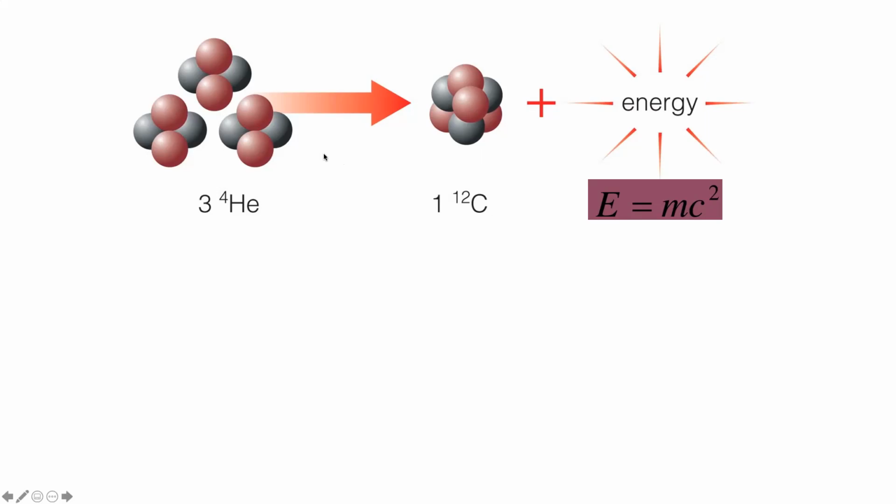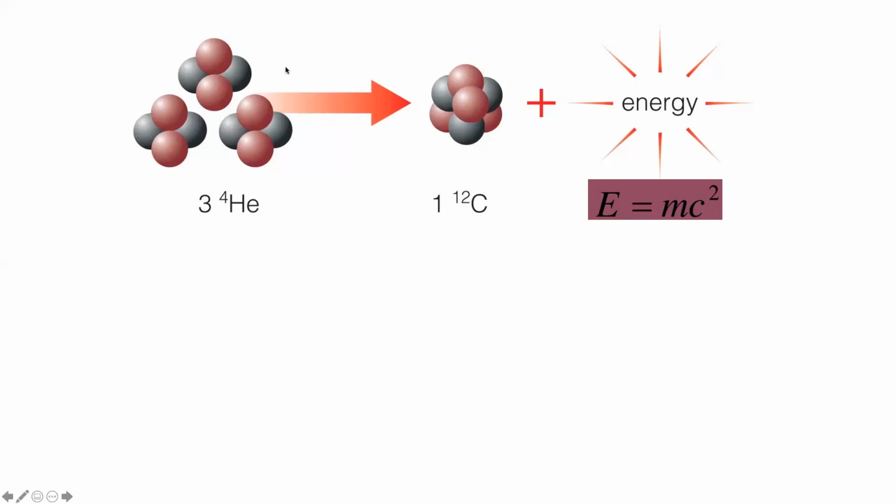The process by which hydrogen fuses to helium is a little bit different than the process in which helium fuses into carbon. It takes 3 helium nuclei to fuse into 1 carbon nucleus.